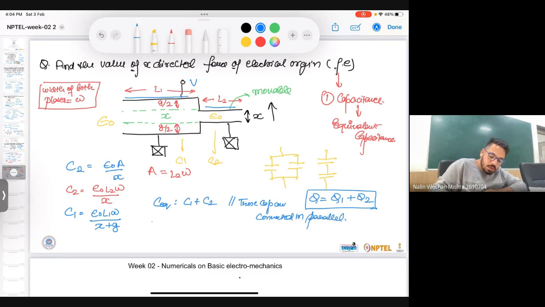Okay, so it will be epsilon naught W, we can take it out, L1 by X plus G plus, sorry, L2 by X. So final value of C equivalent will be epsilon naught W times L1 by X plus G plus L2 by X. This is the final value of C equivalent.